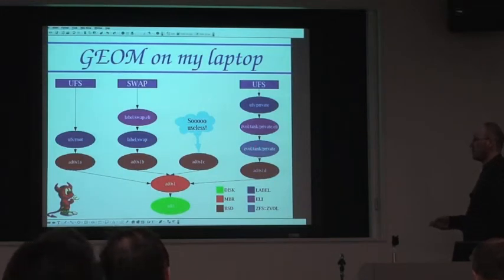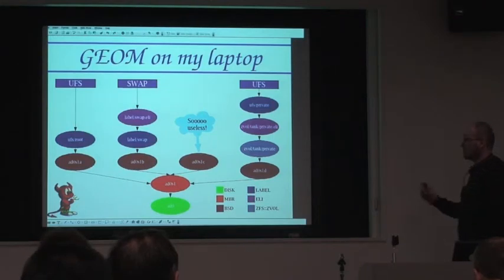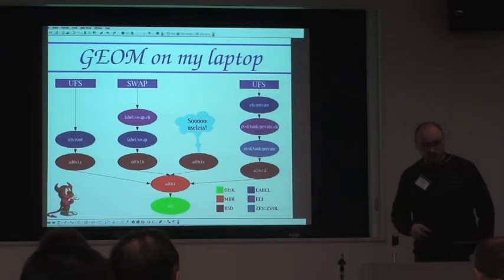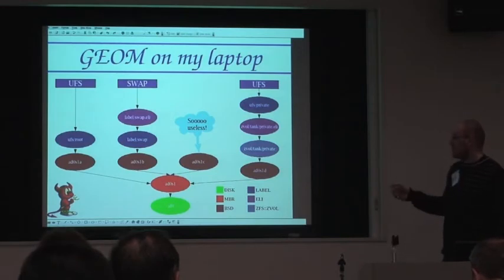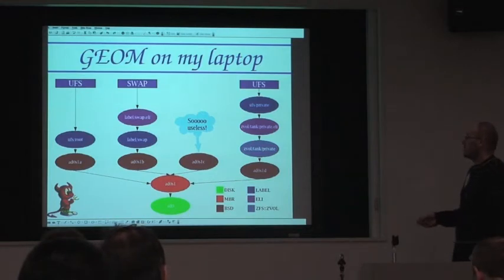ZFS exports one GEOM provider, which is zvol/tank/private, where I have an encrypted UFS file system where I store my private data. So even for a laptop, it's quite complex, but it really shows how useful and flexible GEOM is.